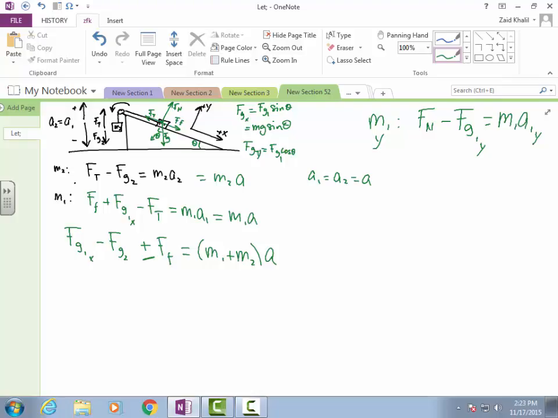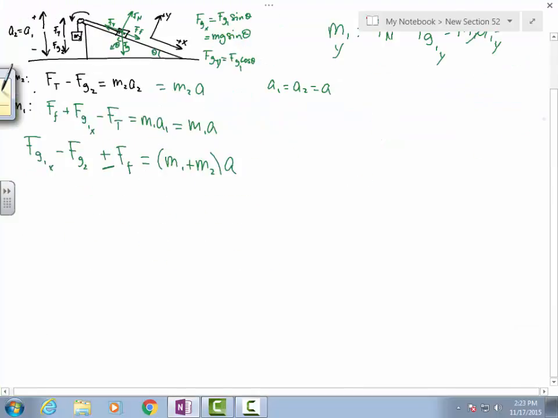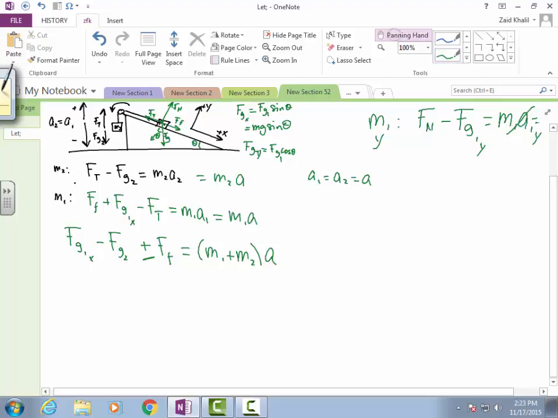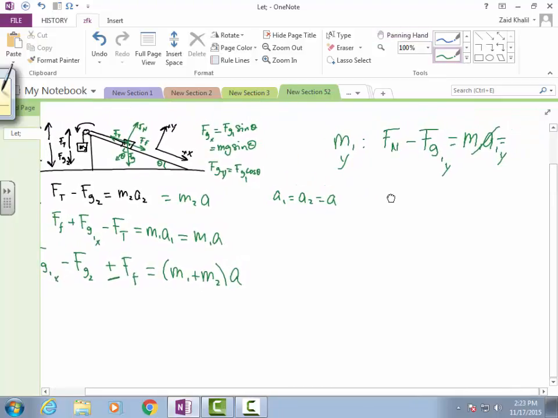Why? Because what do you never see this thing do? You never see it go off the plane like this. If you do, you run. That's right, it's time to run. So A1y is 0, which tells you that the net force is 0, which means Fn equals Fg1y, which equals M1g cosine theta.